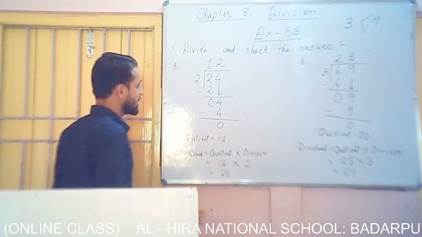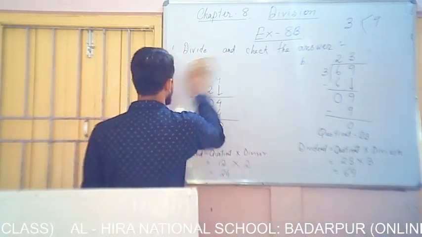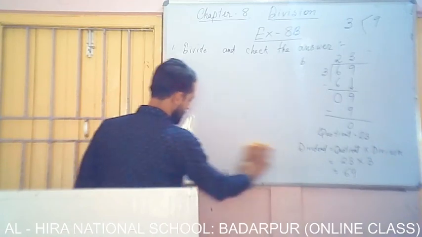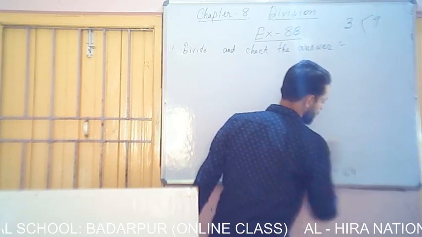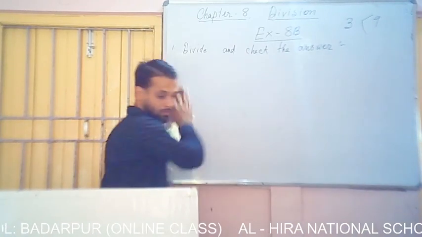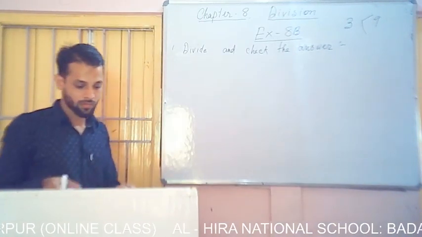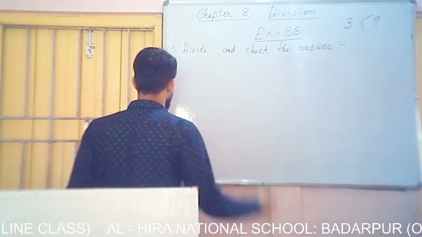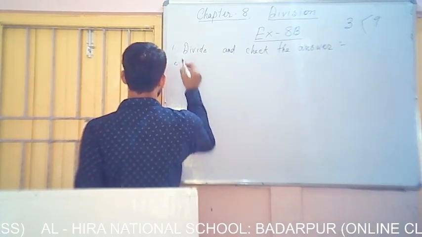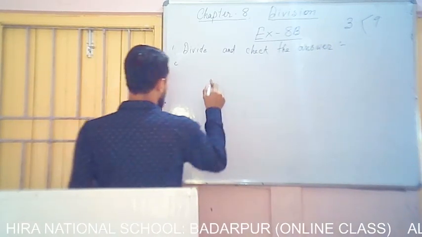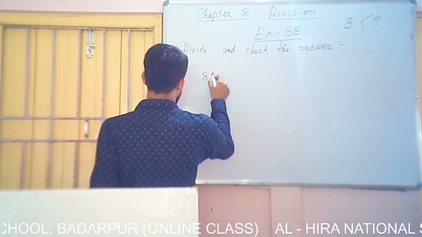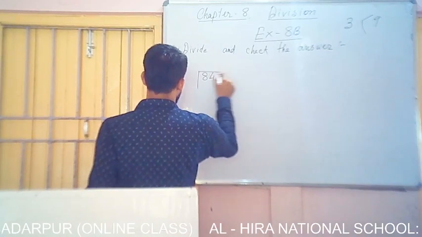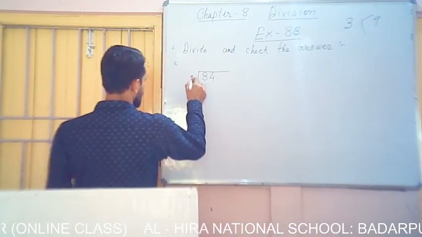Now question number C. So question number C is what? 84 divided by 4.